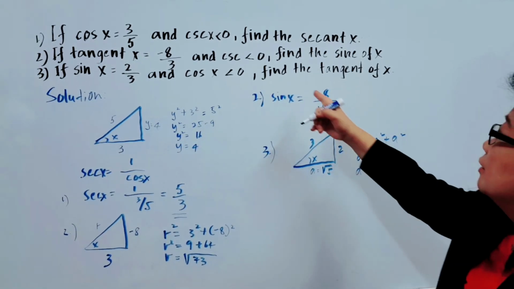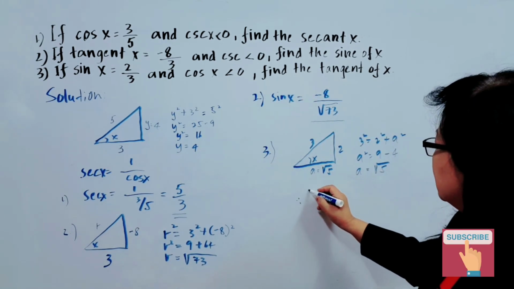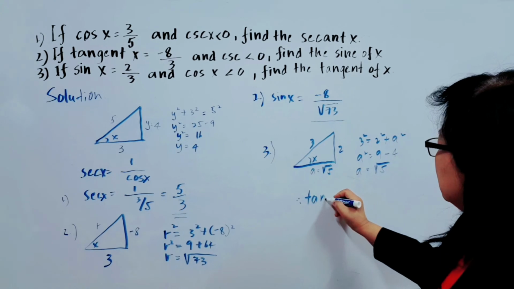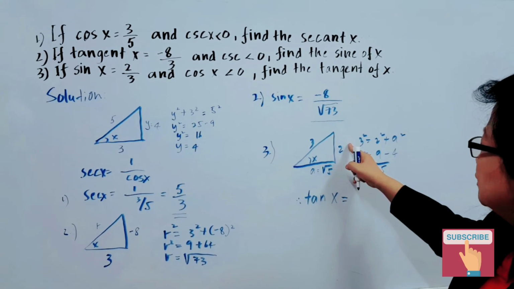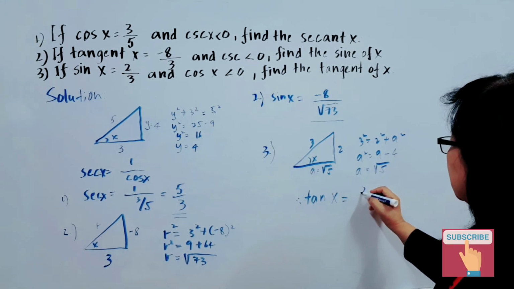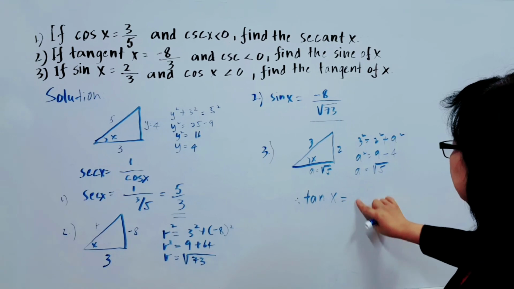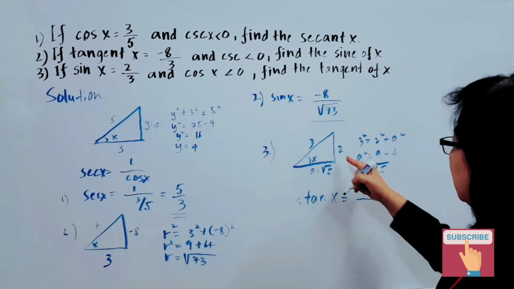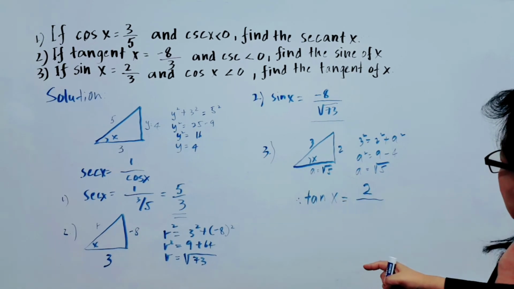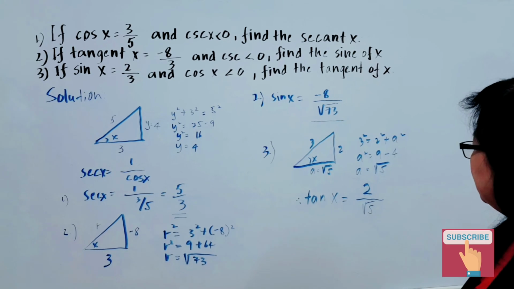Now, the question here is find the tangent of x. Therefore, tangent of x is equal to the opposite over the adjacent, which is equal to 2 over square root of 5.